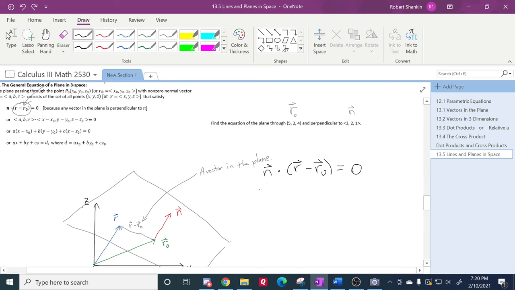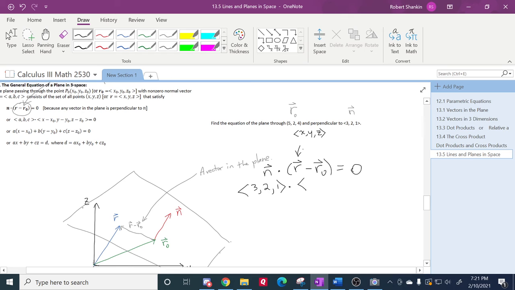So this is going to become 3, 2, 1, dot R. Now R over here is X, any point in the entire plane that satisfies this condition, when you take this minus R0, and R0 is 5, 2, 4.